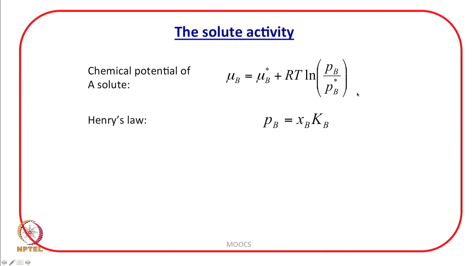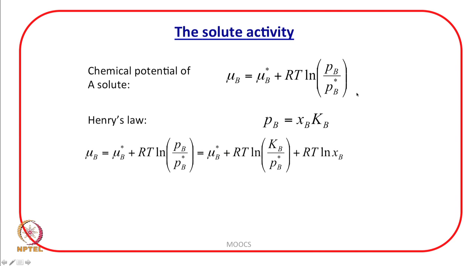Once you substitute for PB, the resulting equation is mu B star plus RT log KB over PB star plus RT log XB.